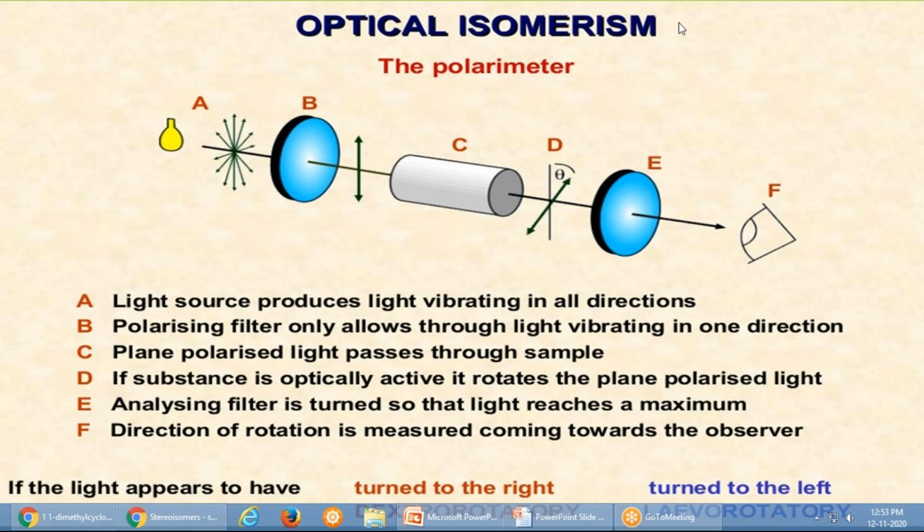C is a sample solution. Through this, plane polarized light is going to pass through your sample.